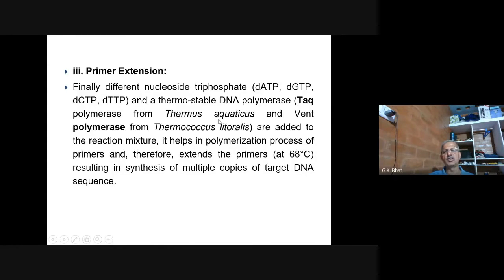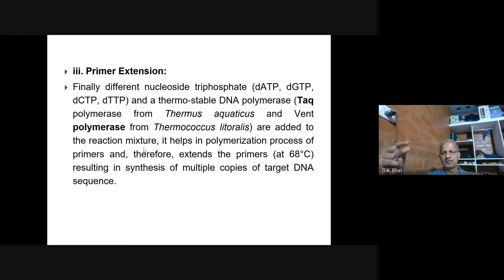Taq polymerase from Thermus aquaticus and Vent polymerase from Thermococcus litoralis are added to the reaction mixture after the cooling. It helps in the polymerization, making the nucleotides join, and extends the primer at 68 degrees centigrade, resulting in the synthesis of multiple copies of target DNA sequence.